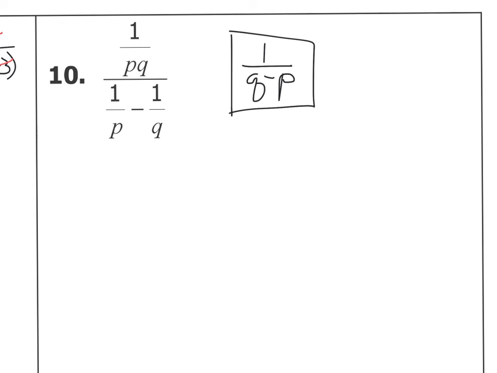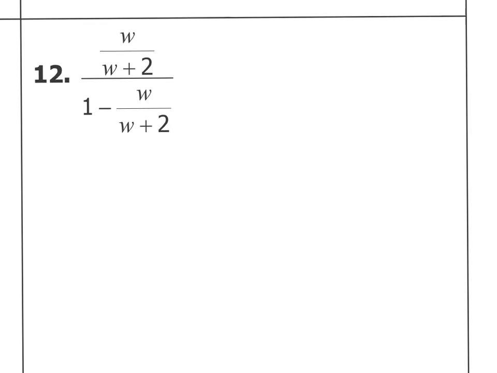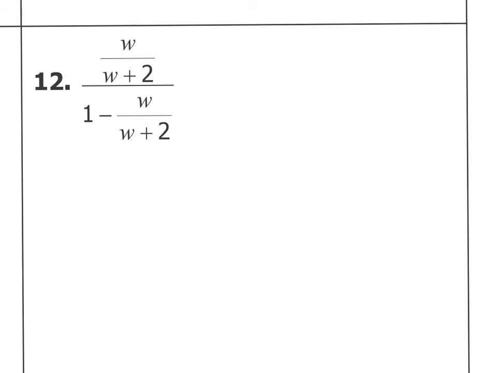Then your answer to number 12 will end up being simply w over 2. And again, you could argue your restrictions as w cannot equal negative 2.